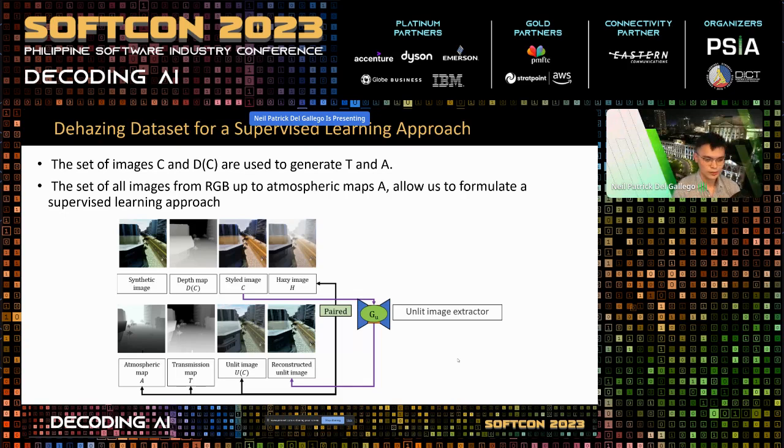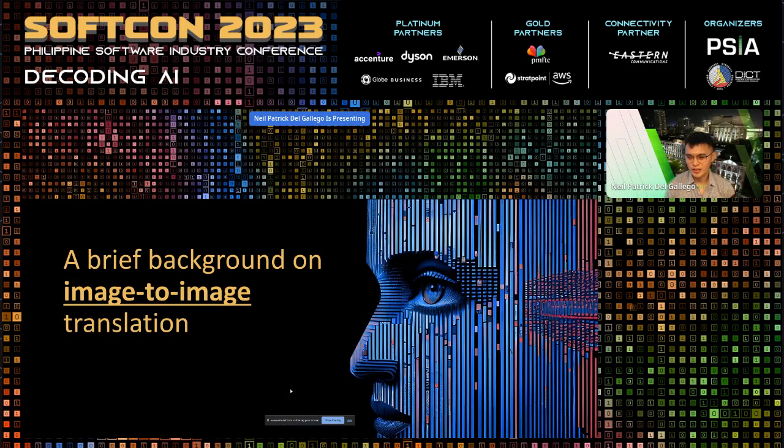So meaning ng supervised, paired data. So everything is paired. So for example, this is just an example. So the hazy image can be paired with any of the combinations here to allow us to train a vision model out of it. Okay. So now, before I proceed with the network architecture, let's first have a brief background on image-to-image translation.